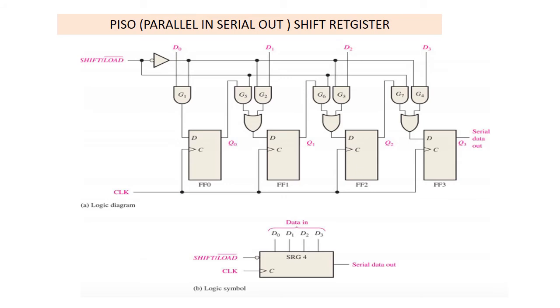When a clock pulse is applied, these data bits are shifted to the Q output terminals of the flip-flops, and therefore data is inputted in one step. The OR gate allows either the normal shifting operation or the parallel data entry depending on which AND gates are enabled by the load or shift input.